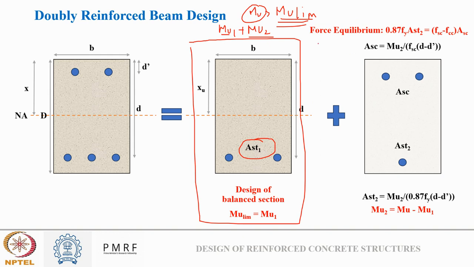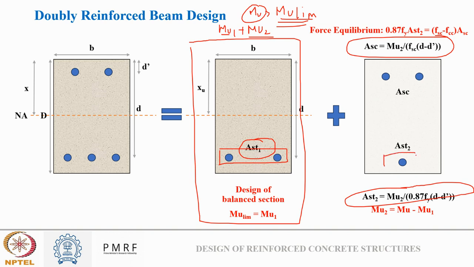Now, for whatever extra moment is acting on the beam that is causing it to be over reinforced, we'll calculate Ast2 and Asc. But one question here: since we have provided steel on the tension side, why are we providing steel again on the tension side and also on the compression side?